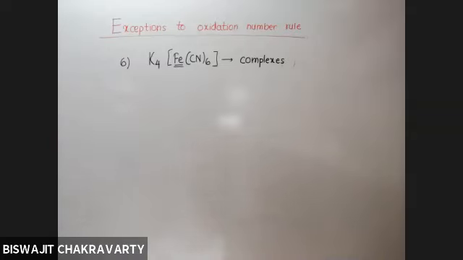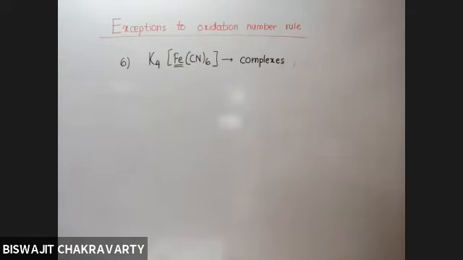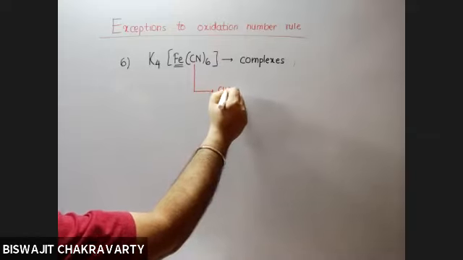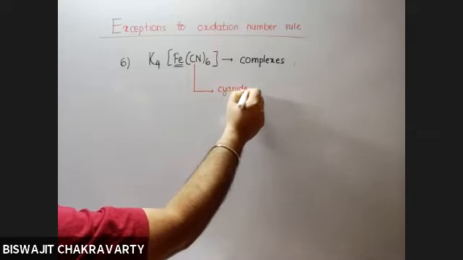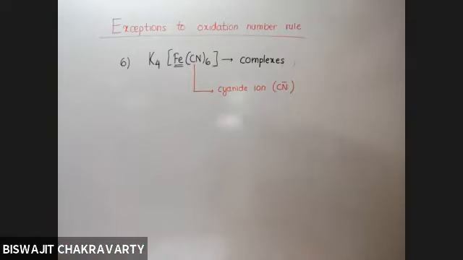But the problem is, potassium is okay, it falls under the rule because potassium belongs to group 1, so it will be +1. But the problem comes with CN as a whole. So remember, here you need not consider carbon and nitrogen individually, rather it is to be considered as the cyanide ion, whose formula is CN-.